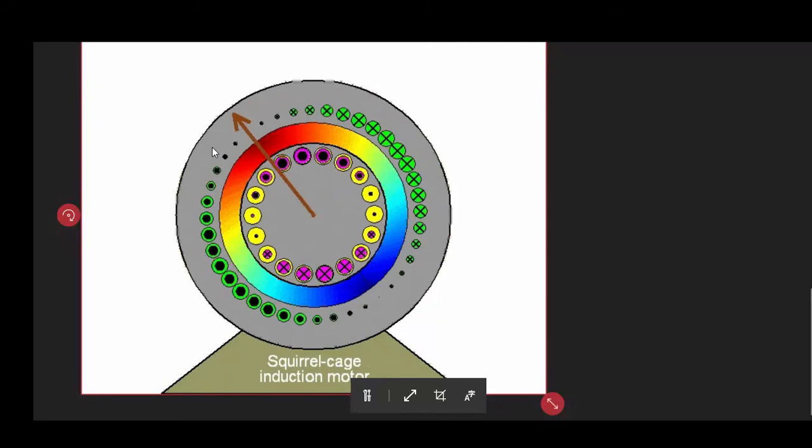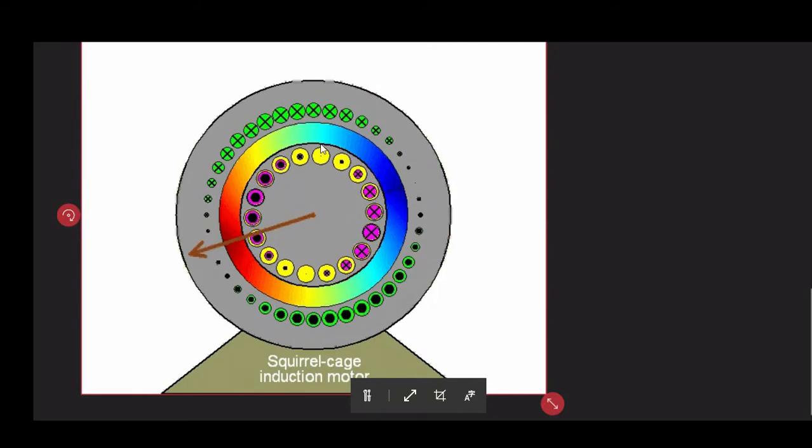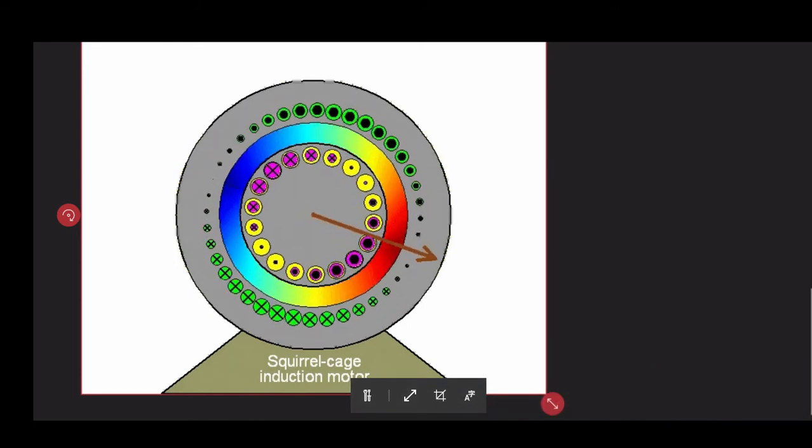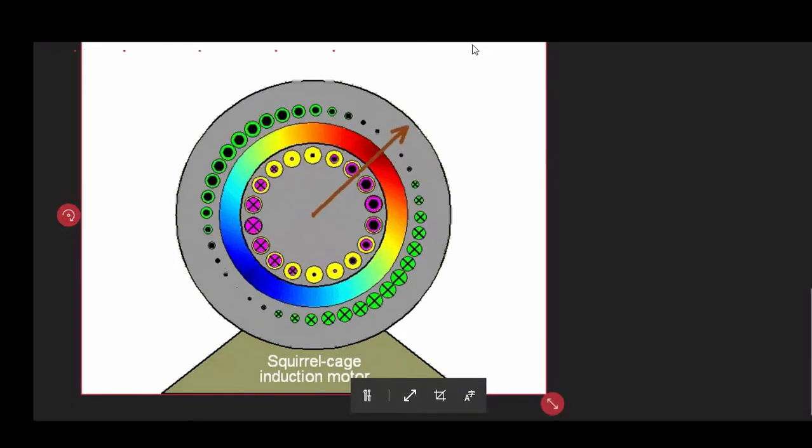So if we try to write the statement for the torque production, it goes stepwise. One is: three-phase AC balanced supply.